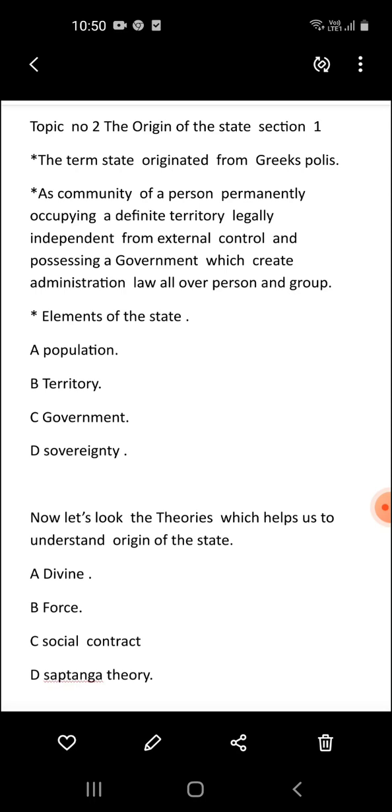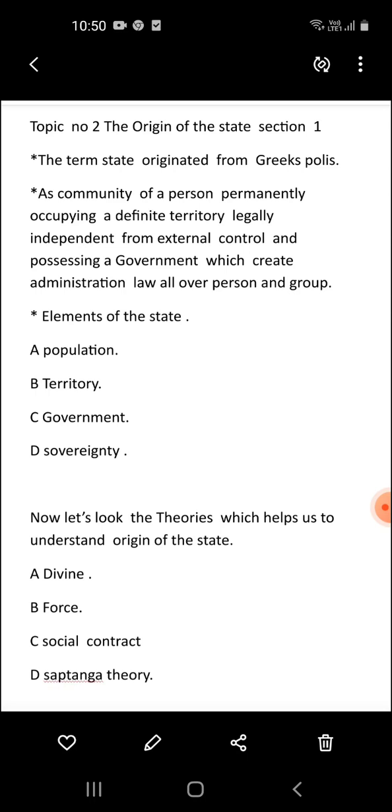As you all know, man is a social animal. He cannot live in isolation. Isolation means he cannot live alone because he is not self-sufficient. In order to fulfill his needs, he started to live a collective life, which is called society.